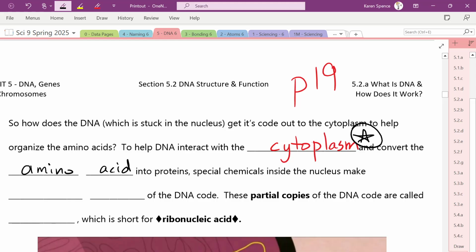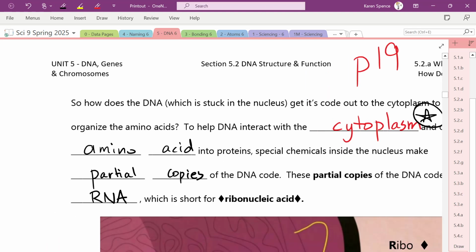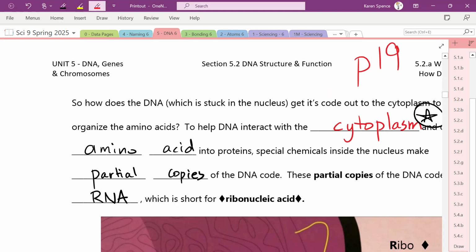Special chemicals inside the nucleus make partial copies of the DNA code. These partial copies, and this is what I'm looking for now, what are they called? RNA. And if you're interested, in fact, let's put a star beside RNA.